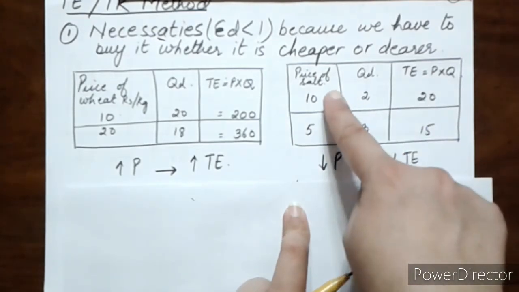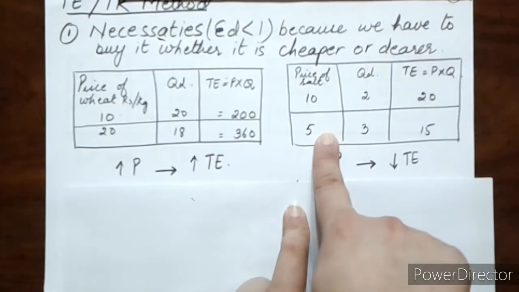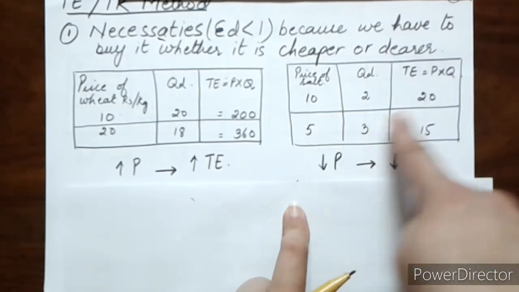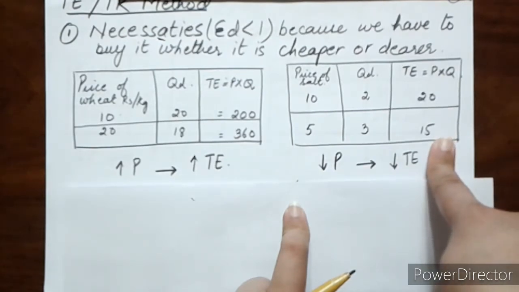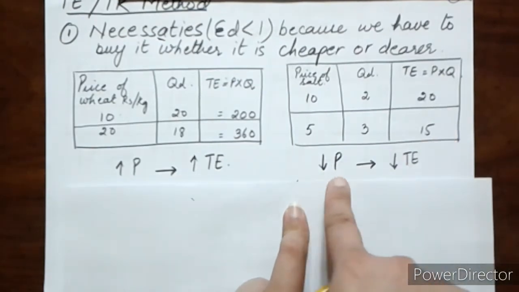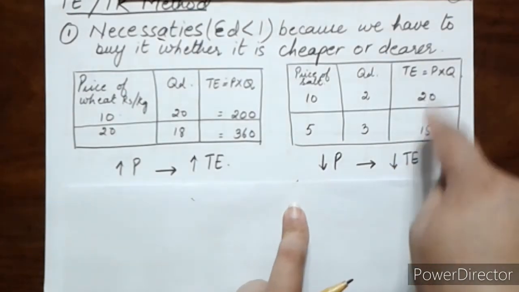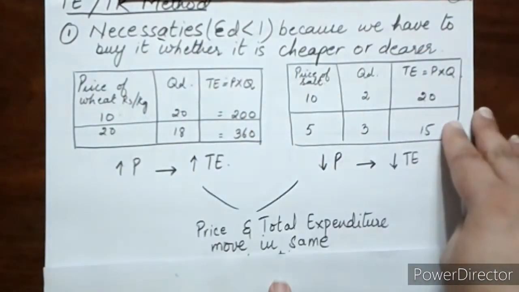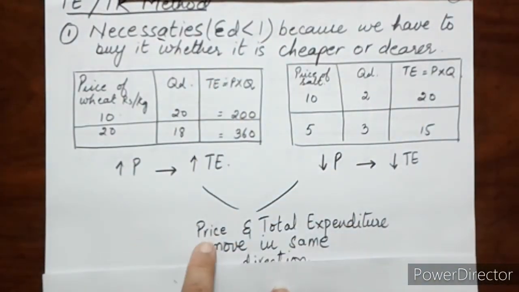Now look here closely. The price of a necessity like salt fell, and so did my total expenditure. So I can write it like this: fall in price led to fall in total expenditure. I can sum up these 2 points by saying that in case of necessities, price and total expenditure move in the same direction.